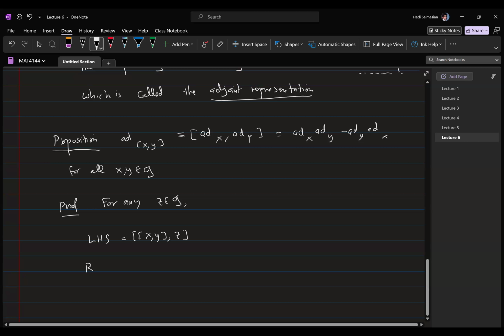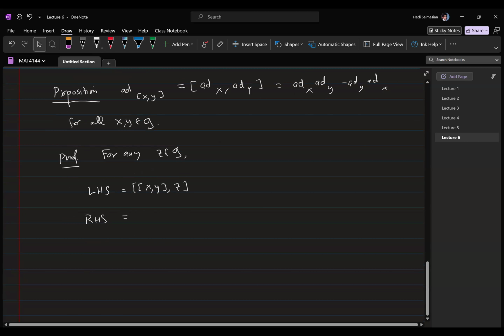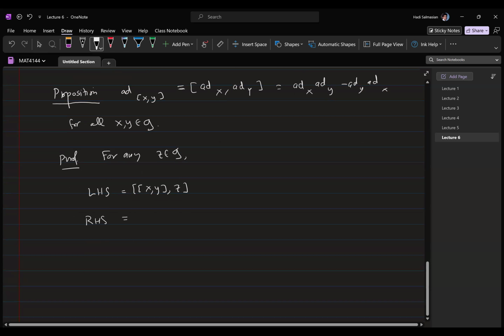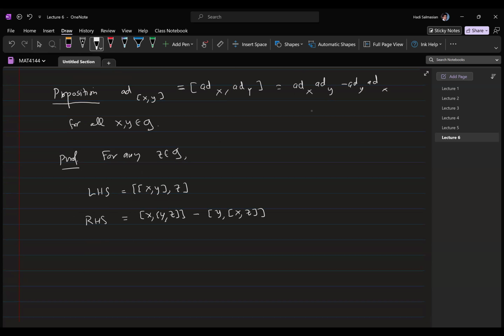And the right-hand side, well, you have to apply ad x ad y of z first, which is [x,[y,z]], minus [y,[x,z]], like this. All right. So now I would like to relate these two, and this is done using the Jacobi identity.